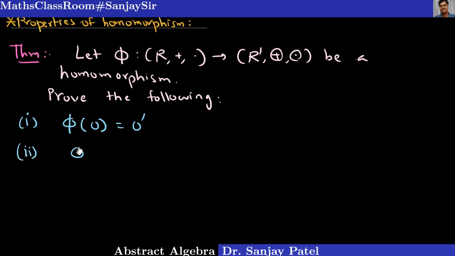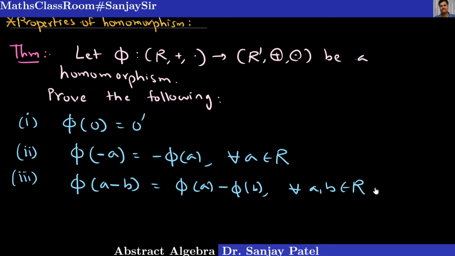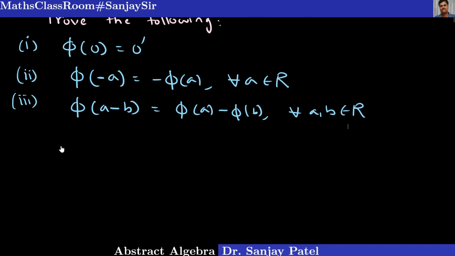Second thing is phi of minus a is equal to minus phi of a for every a belongs to R. Next, we can prove that phi of a minus b is equal to phi of a minus phi of b for every a and b belongs to R.